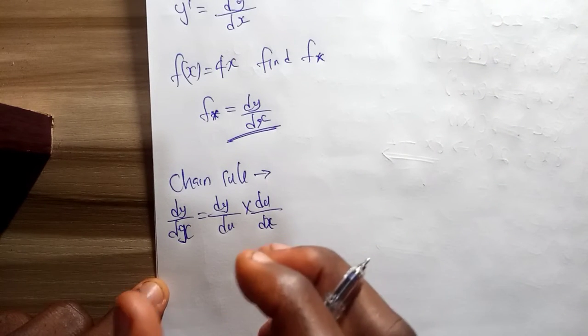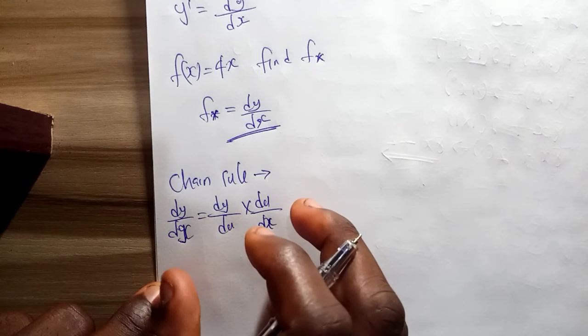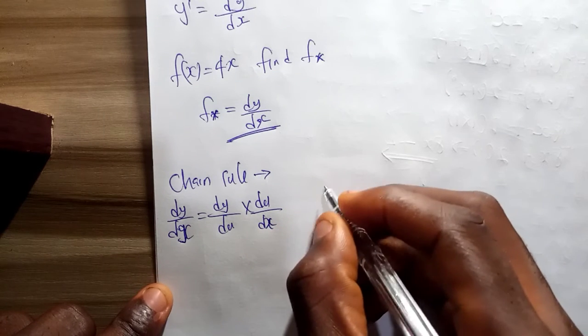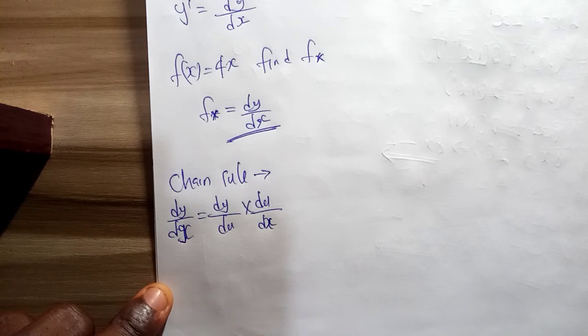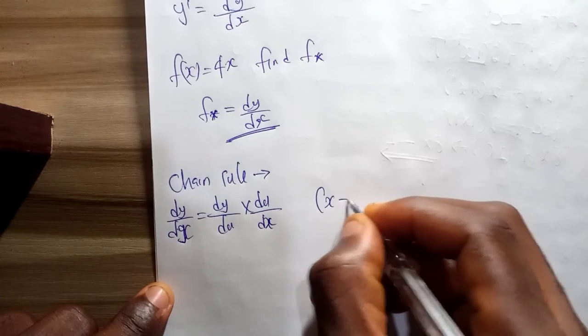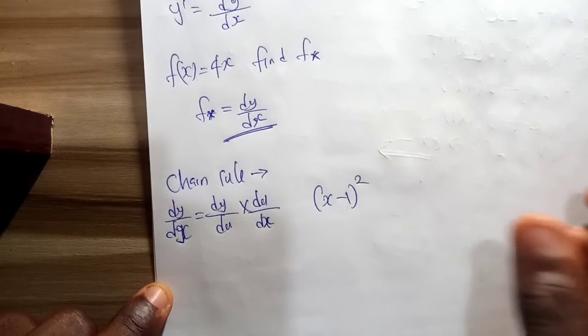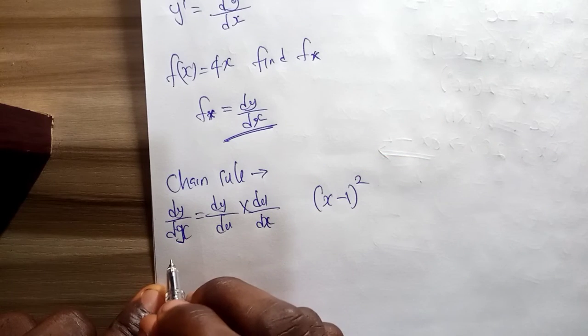Why do we have to use this kind of thing? We use this kind of formula when we have a composite function to differentiate. Example, when you have x minus 1 raised to power 2. You can open this bracket up to differentiate, but you can also use chain rule.